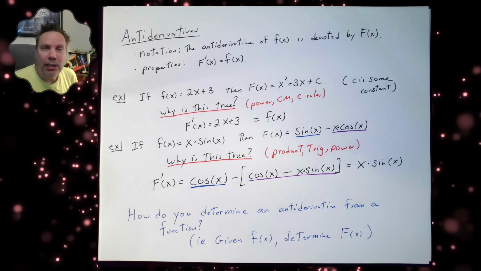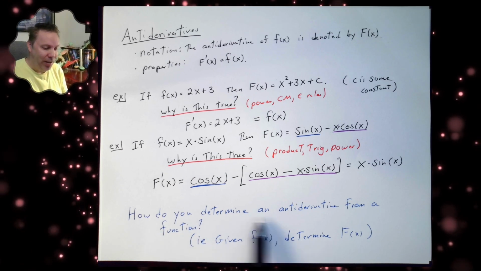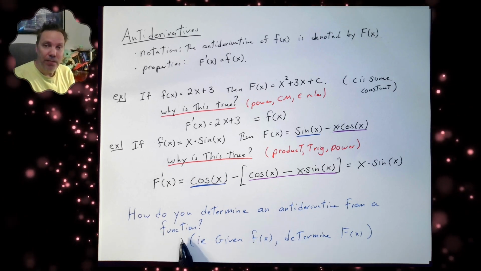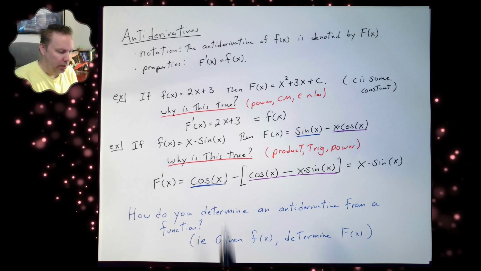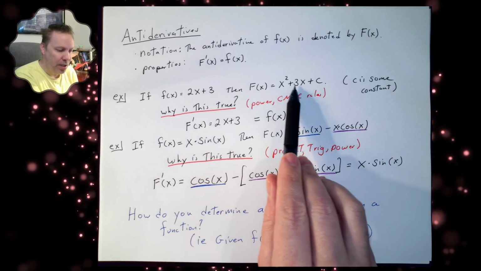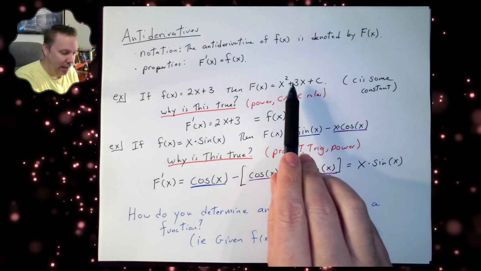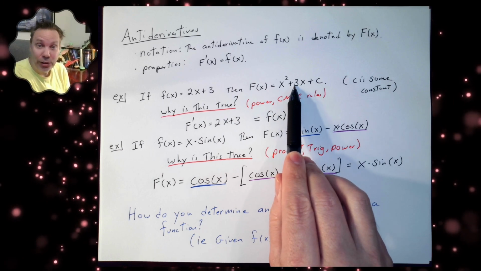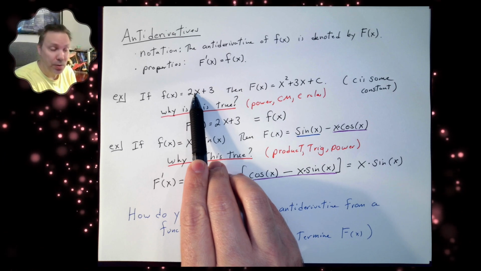Now, I'm asking you to verify these things. I am not asking you how to determine an antiderivative from the function here. I am not showing you a technique at the moment to go from here to here. I am simply saying that I claim this is the answer, or an answer, for an antiderivative of 2x plus 3.